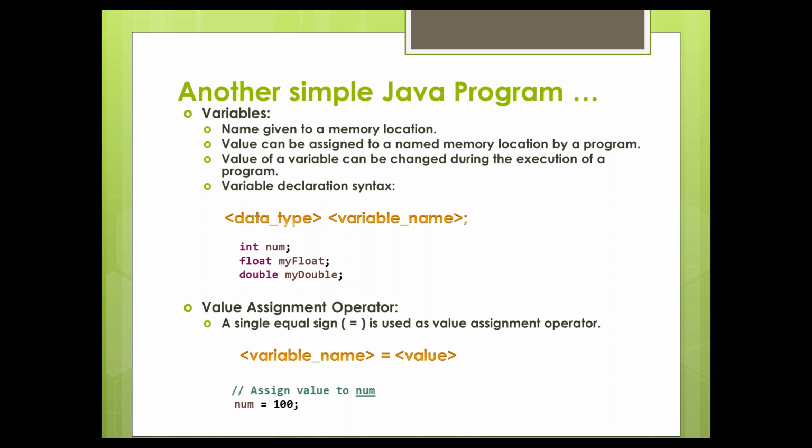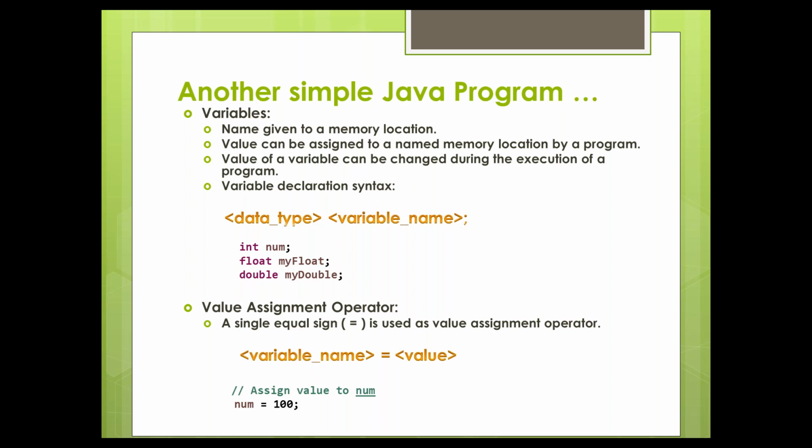These memories will have two things associated with them. One is the location where you can store the value, and you can identify that particular memory location with a memory address.